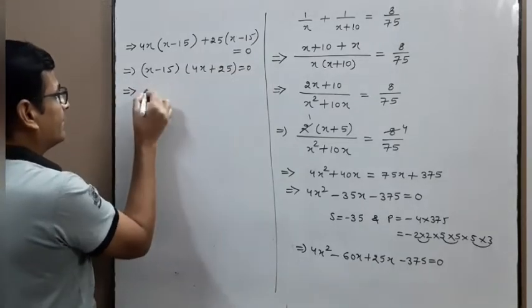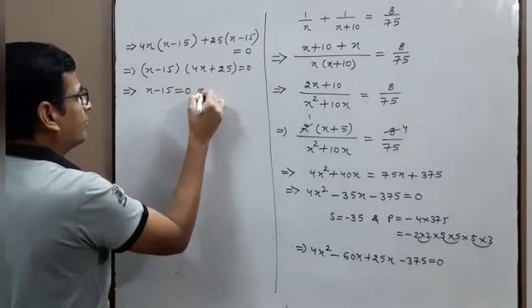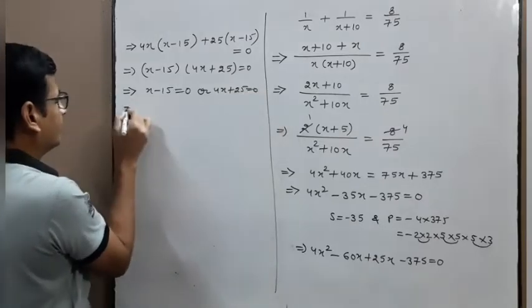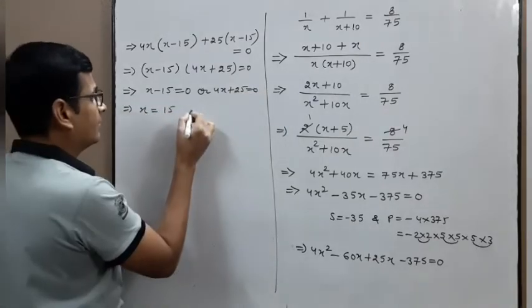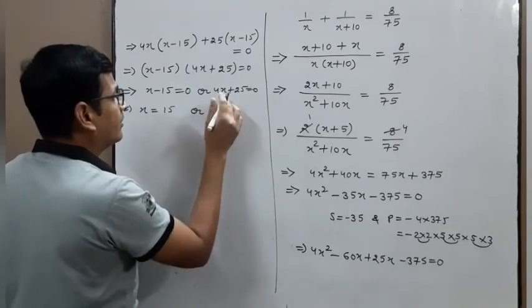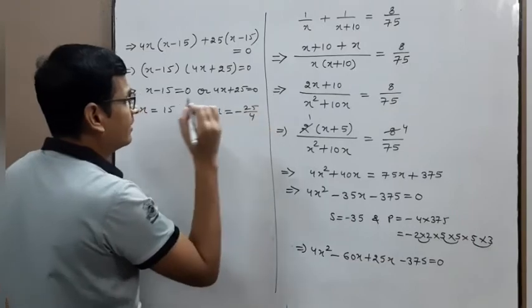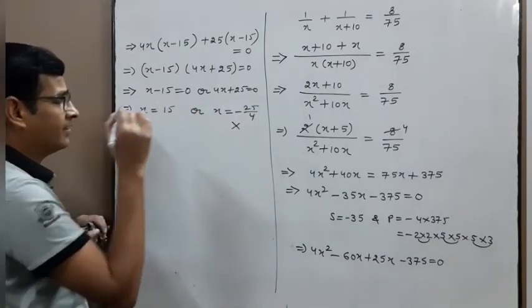So the product of two numbers is equal to 0, so either x minus 15 equals 0 or 4x plus 25 equals 0. So x equals 15 or x equals minus 25 by 4. x cannot be negative.